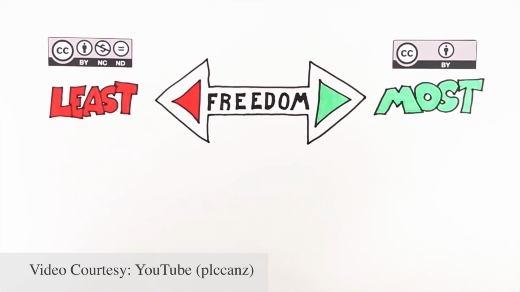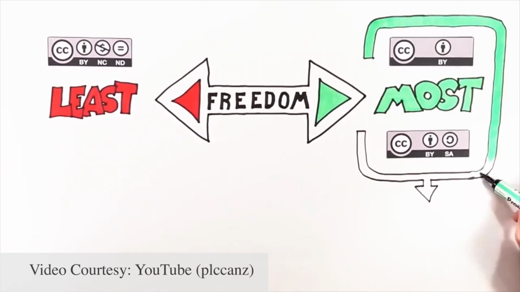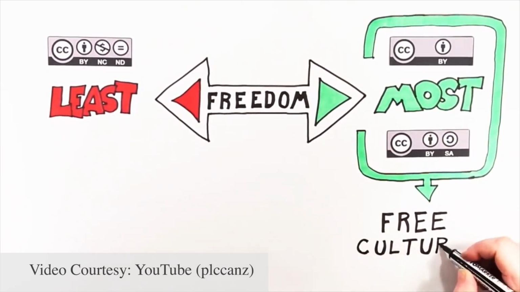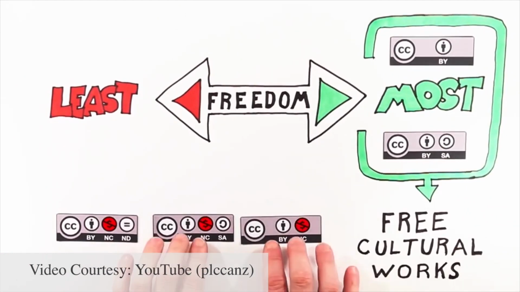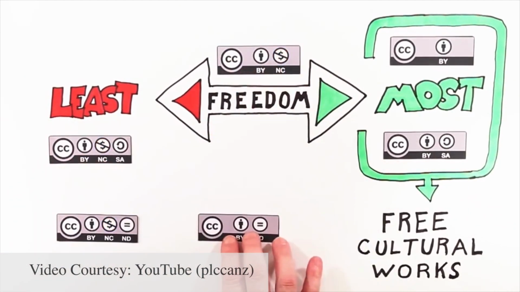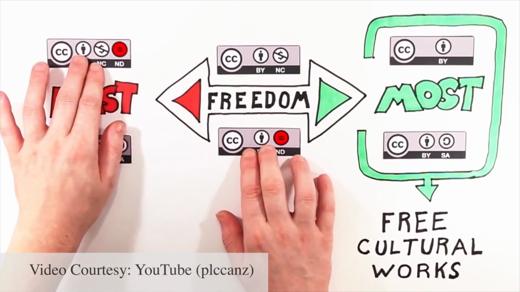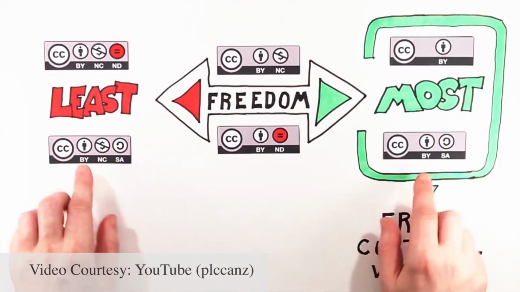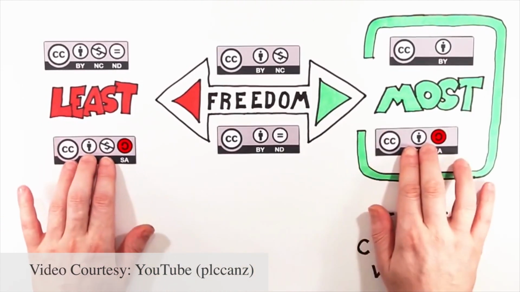The attribution license and the attribution share-alike licenses are sometimes referred to as free cultural works approved licenses. These three licenses restrict commercial use of a work. And these two licenses do not give permission for adapting or remixing. These two licenses require new works to be licensed under the same terms.